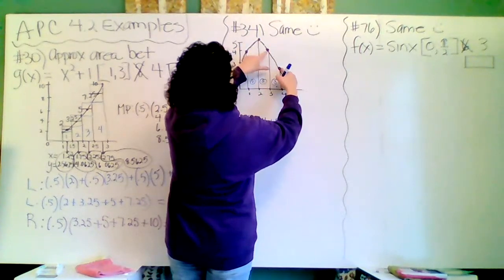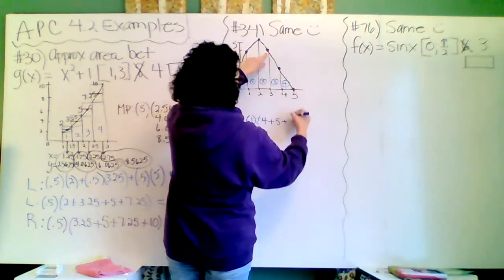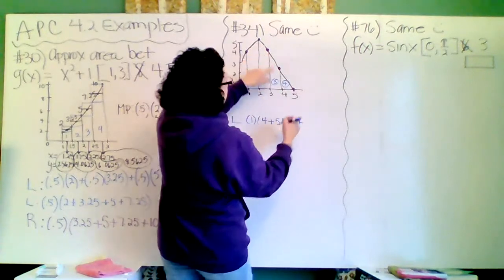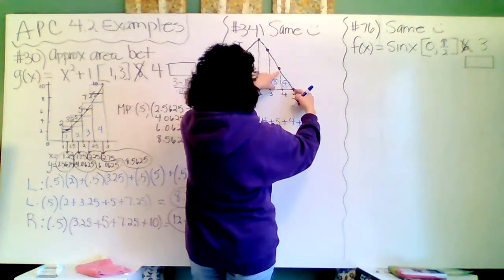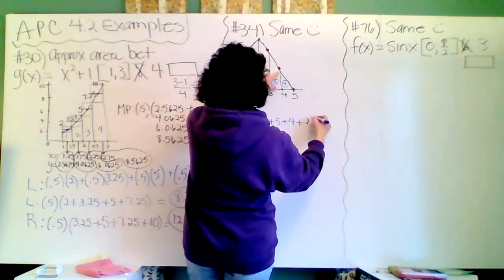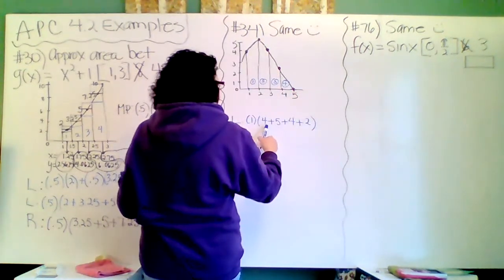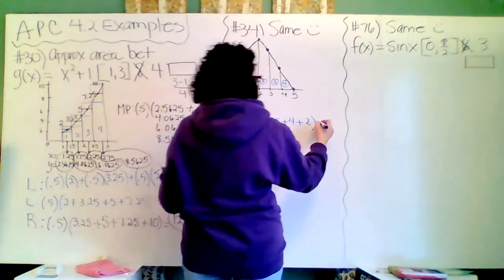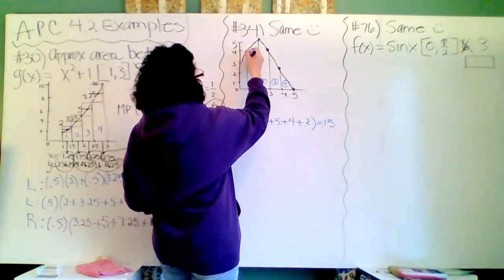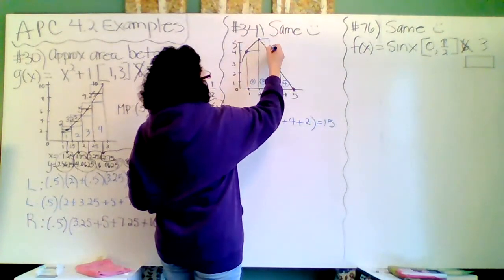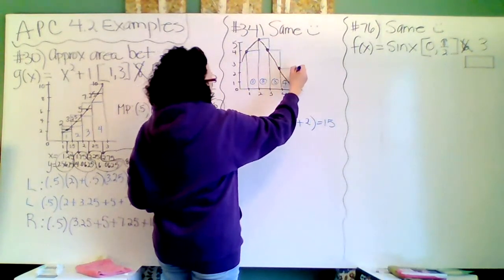Third rectangle, I'm picking left. For the last rectangle, I'm picking left, which is 2. There we go. So that gives me right here, that's 15. Okay, I'll do that, draw real quick for you, the left-hand ones, so you can see.